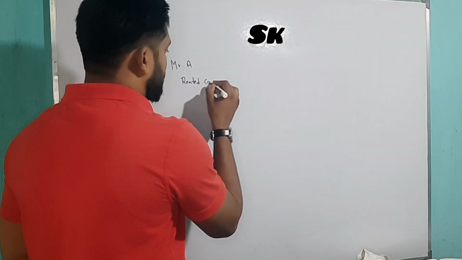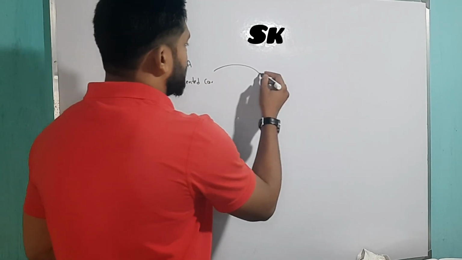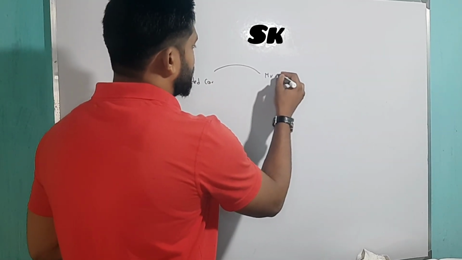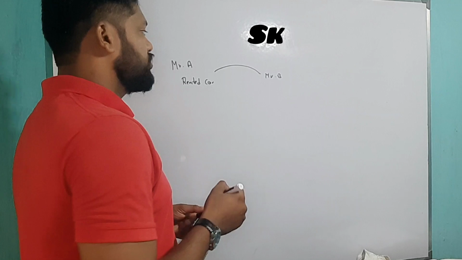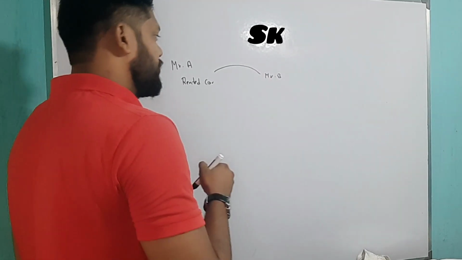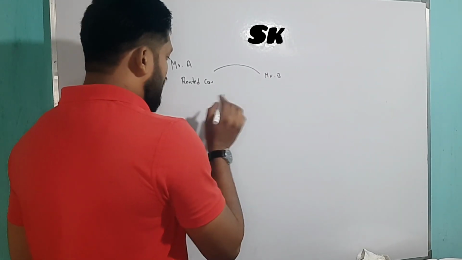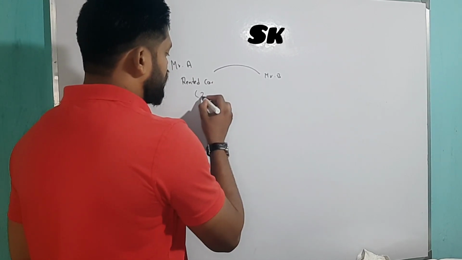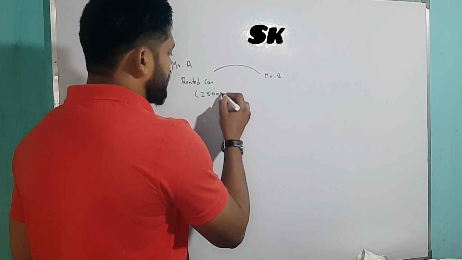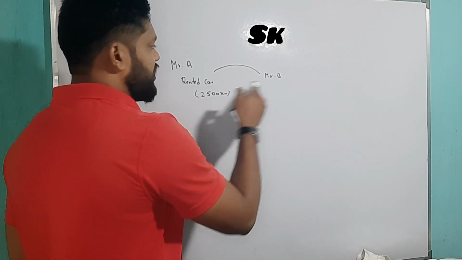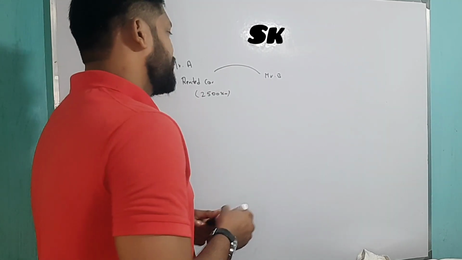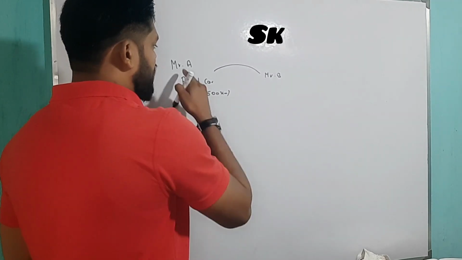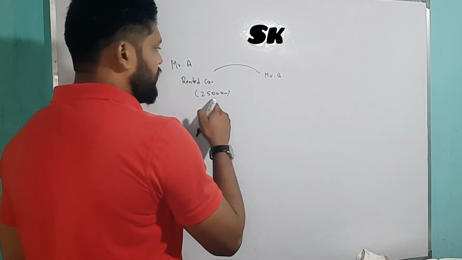He has given his car to Mr. B. So Mr. A has given a rented car to Mr. B, and the car is showing the odometer reading as 2500 kilometers when he has given it to this person. So now he is saying that 2500 is the kilometer reading.